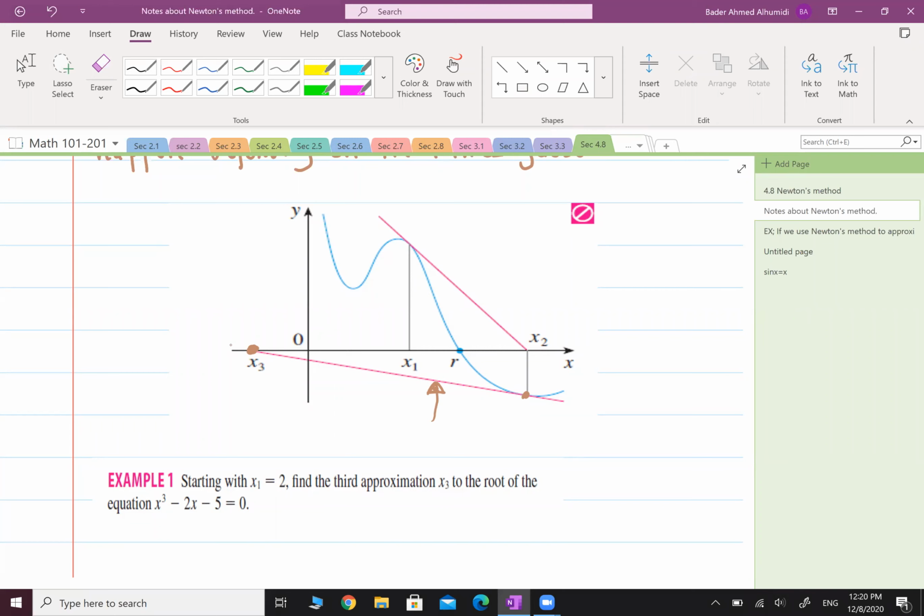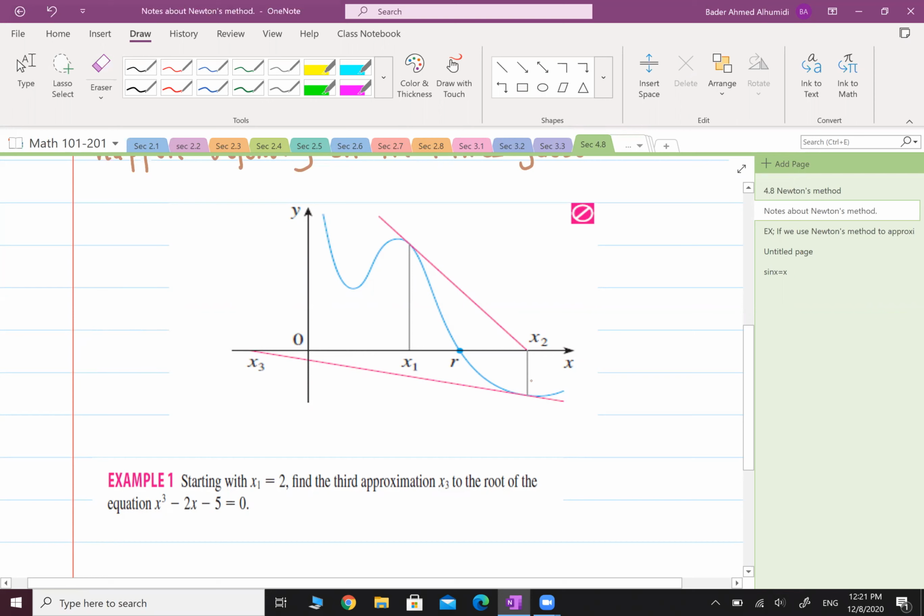Actually, when you do this, by this choice of x1 that leads to x2, x3 is outside the domain of the function. The function is not even defined here. There is no function at all. So yes, this is very bad about the Newton method, but it is working fine in many examples, many questions.